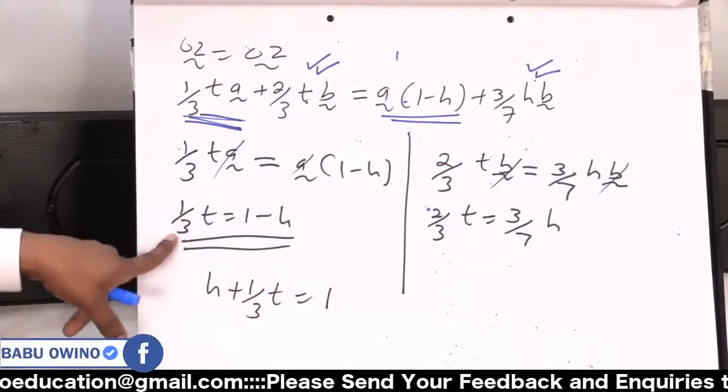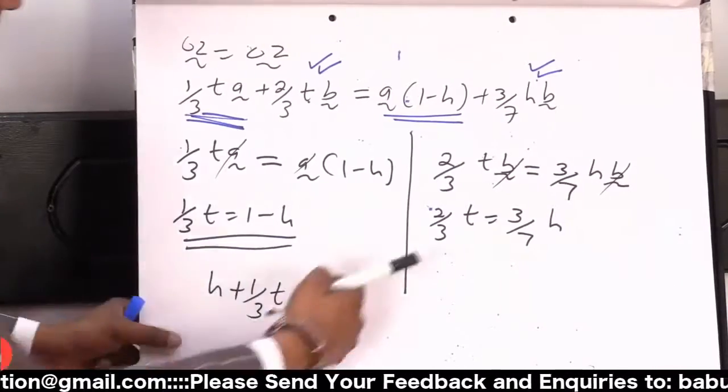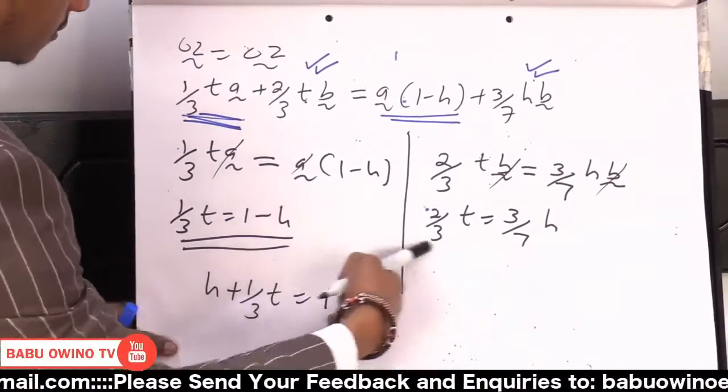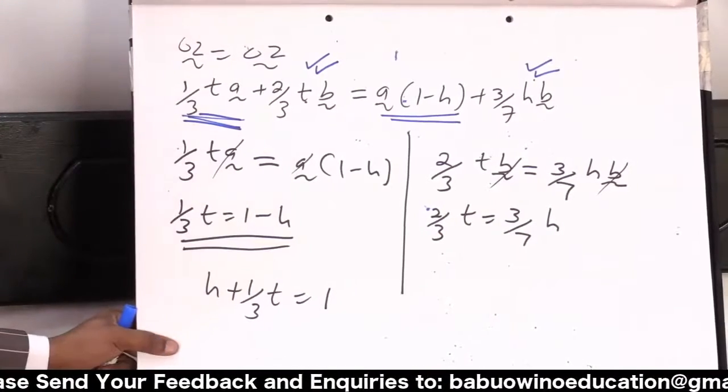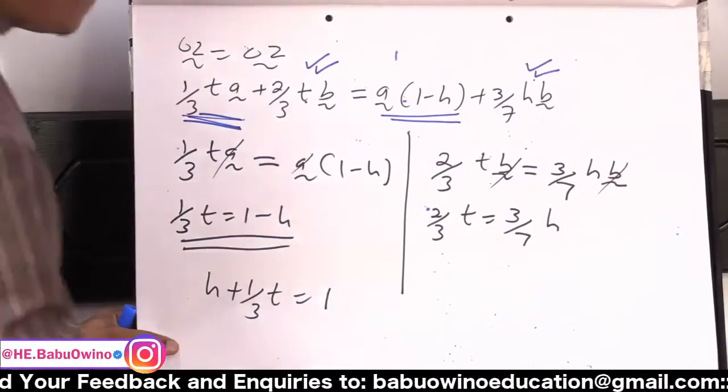Bring H on the other side, becomes H plus a third T is equal to 1. And then this. So we can make H the subject of the formula.